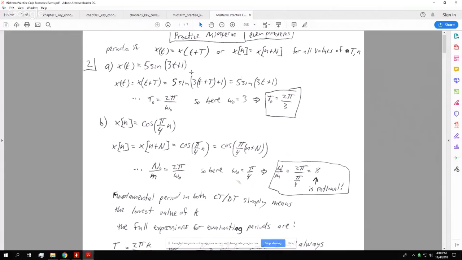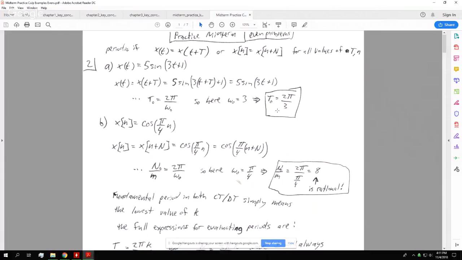None of those things make it non-periodic. So using the formal definition, if I applied that to this specific signal, I would write 5 sine of 3 times the quantity t plus big T, plus 1, and that's going to equal the exact same thing that we had originally, 5 sine 3t plus 1.